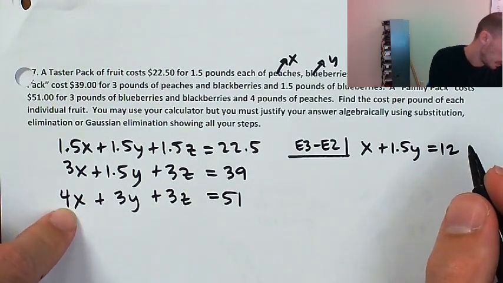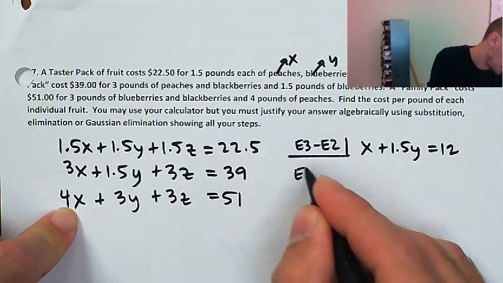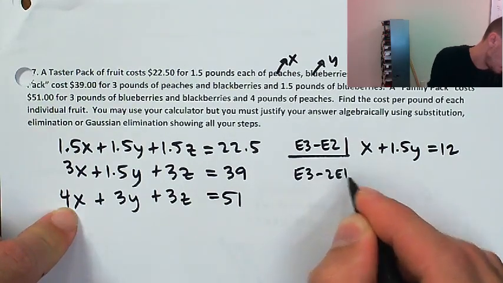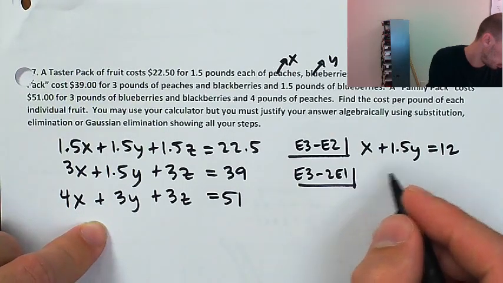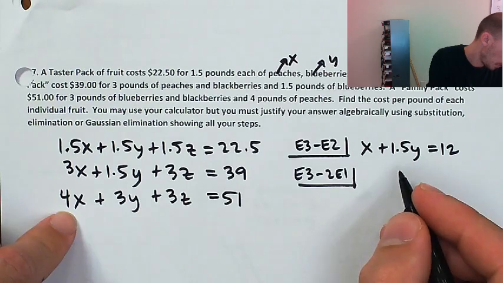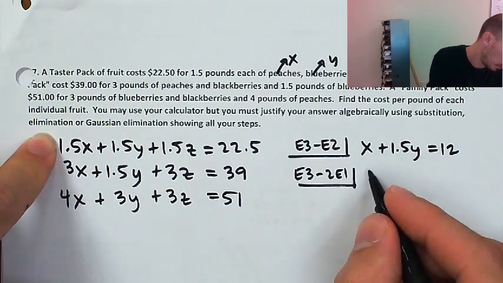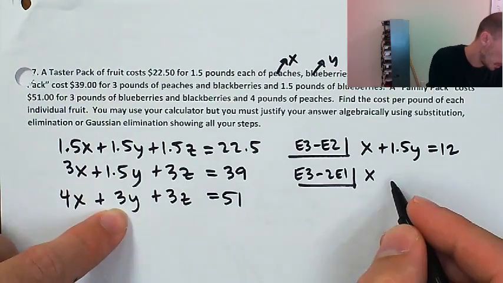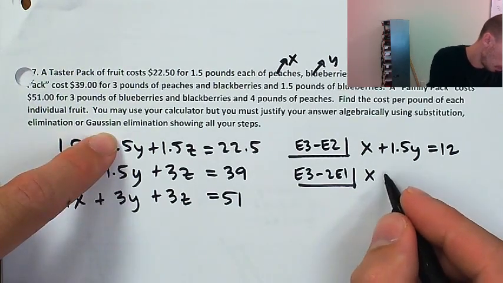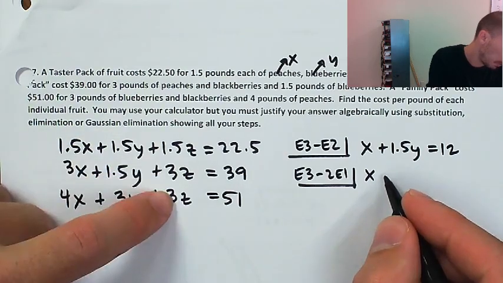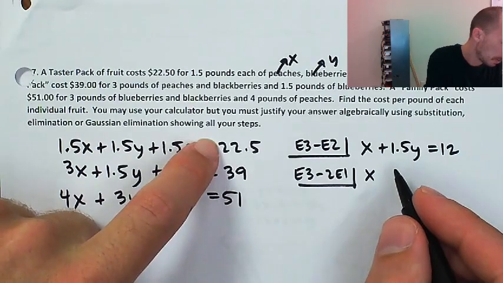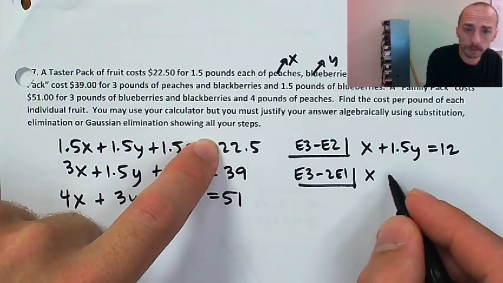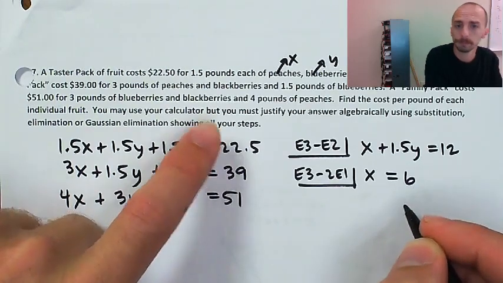Then I'm going to take equation 3 and subtract 2 of equation 1. Yeah. 4x minus 3x is 1x. 3y minus 3y is 0y. 3z minus 3z is also 0z. 51 minus 45 is going to be 6.